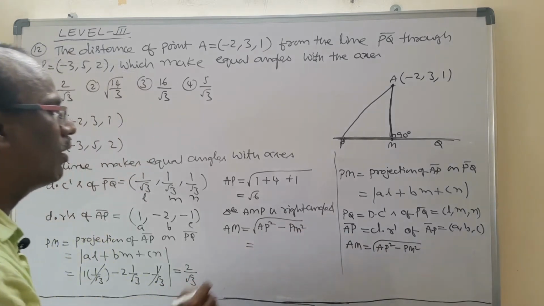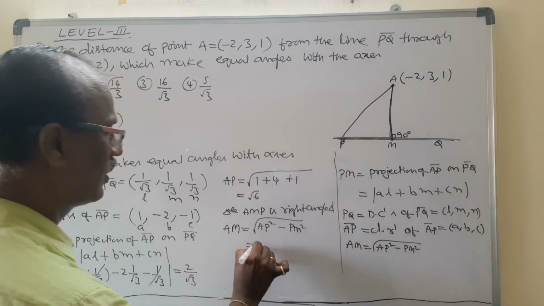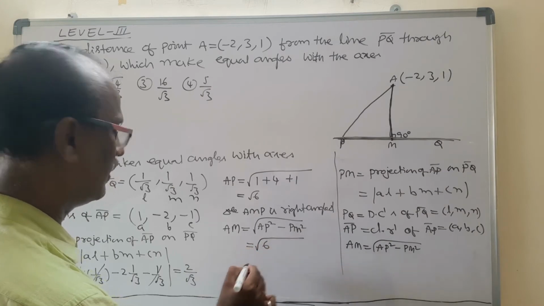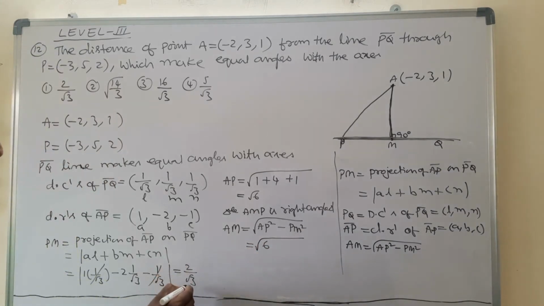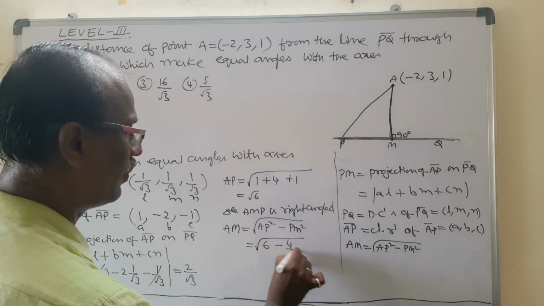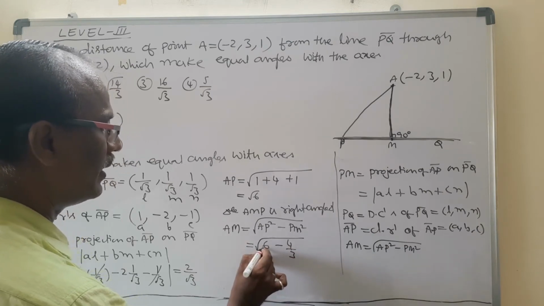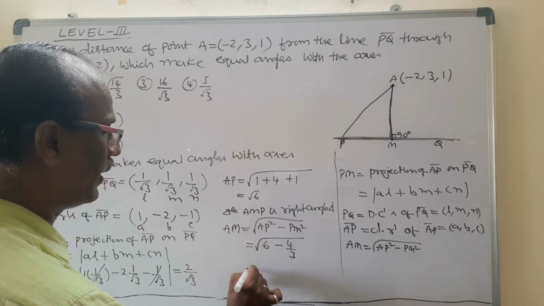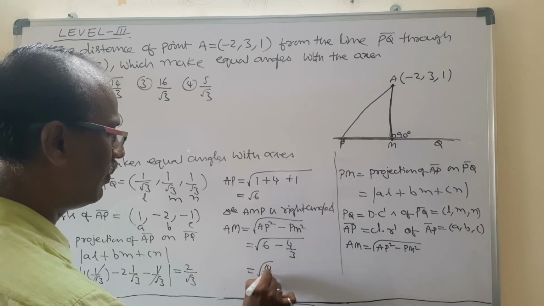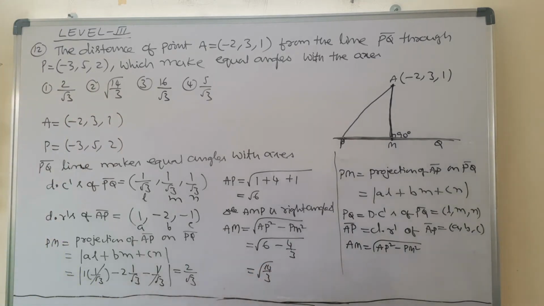AP square is root 6 whole square, 6. PM square is 2 by root 3 whole square, 4 by 3. So 6 is 18 by 3, minus 4 is 14, so root 14 by 3 is the answer. That is the second option.